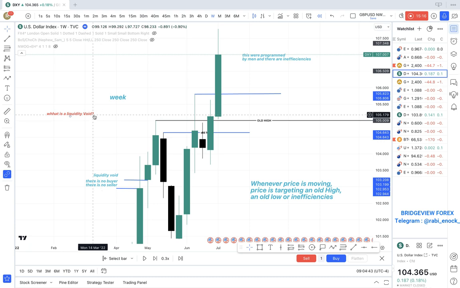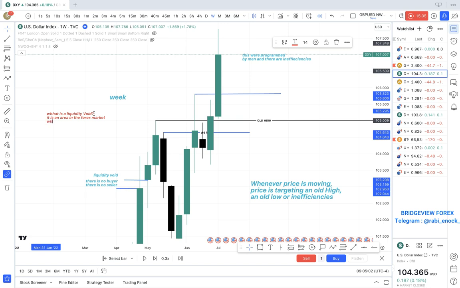It is an area in the forex market where there is no buyer or seller.